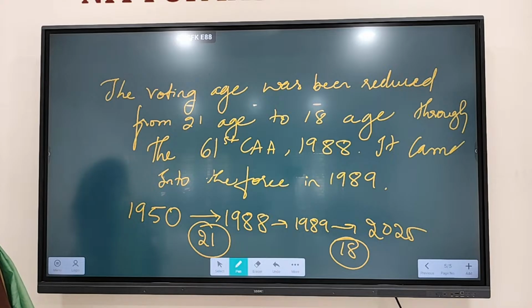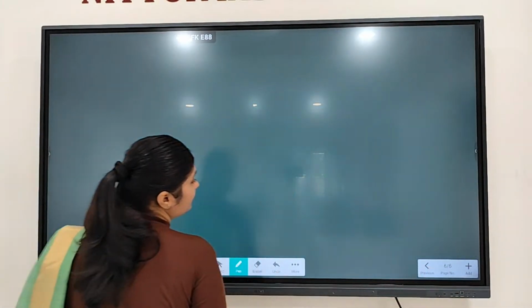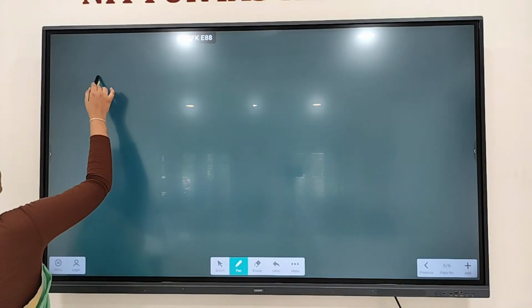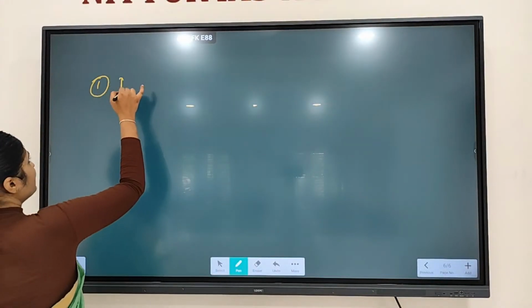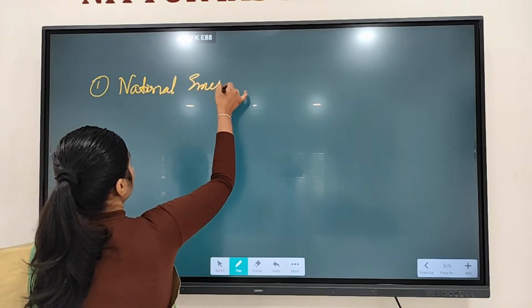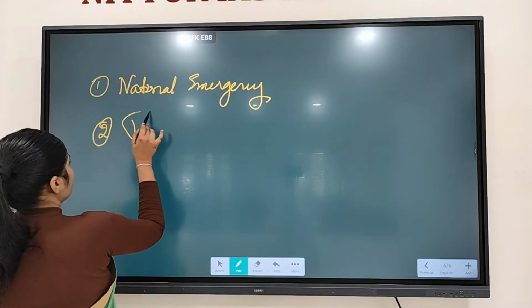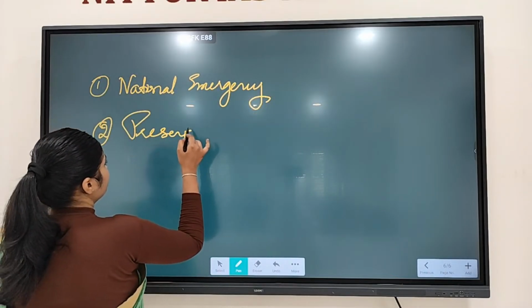Next comes the emergency provisions. Which are the three types of emergency? National emergency, the first one. Next, president's rule.